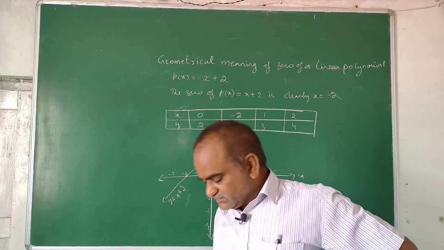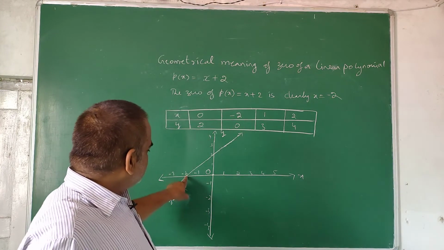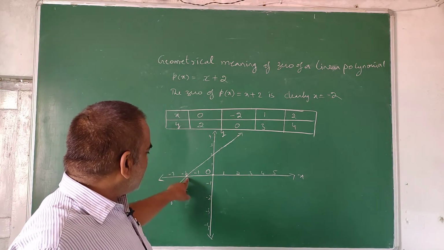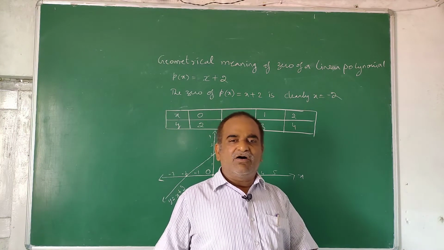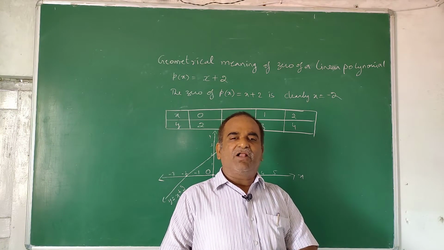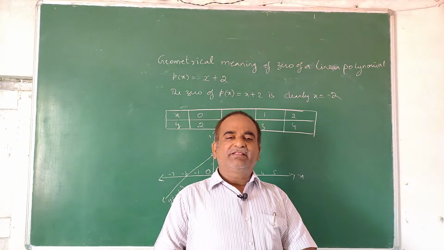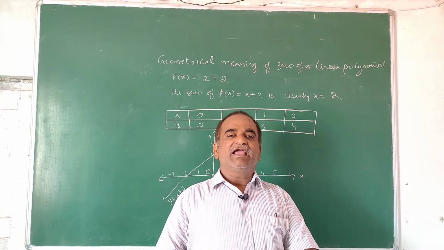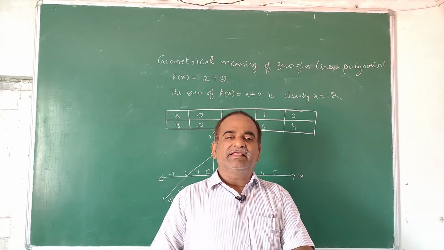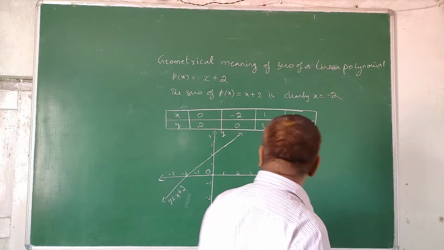Did you understand? So this is the zero of the polynomial, no? Minus 2. So the geometrical meaning of the zero of a linear polynomial is, it is the abscissa of the point where the line meets the x-axis. So that is the conclusion.